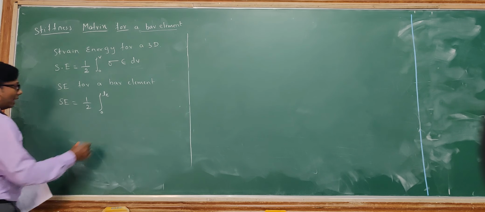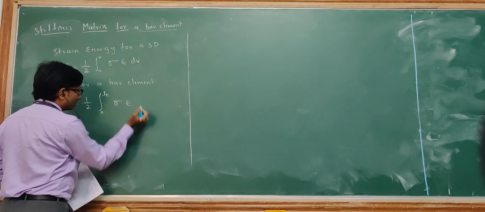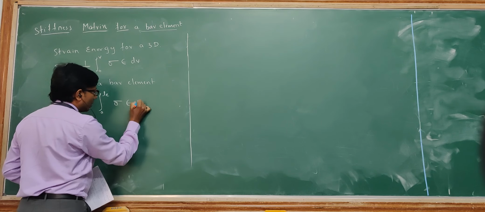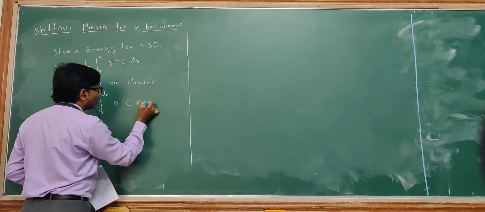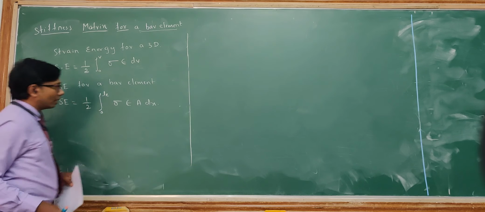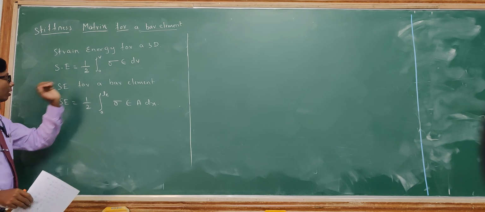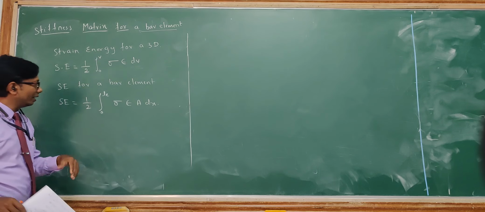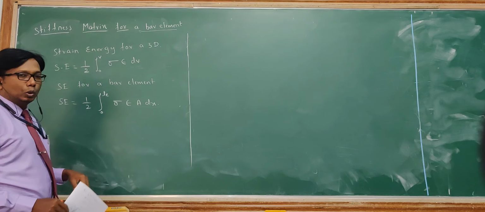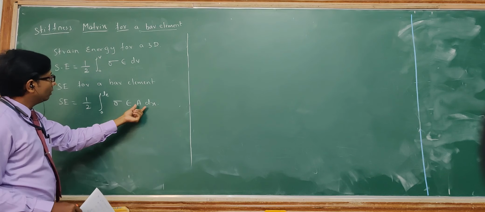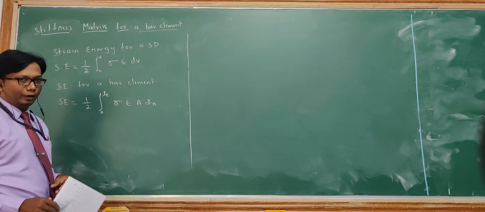Okay, and this remains as it is, sigma into epsilon, and dV becomes A into dx. That is the only change. Whenever we are converting a 3D into a bar element, we have to integrate it with respect to the length parameter, and the volume becomes area into dx.